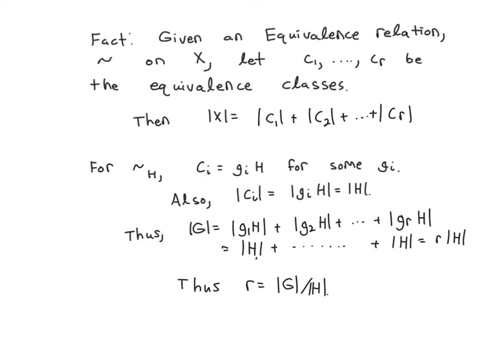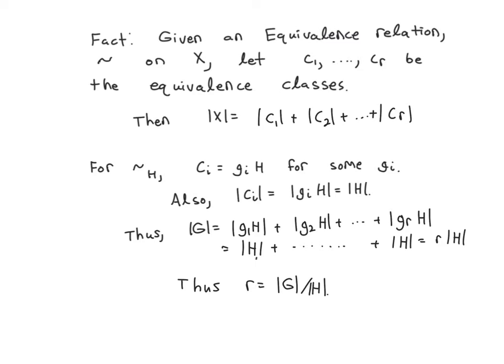So why does any of that matter? Well, here's a fact we might remember about equivalence relations. Given an equivalence relation on any set X, if you let C1 through Cr be the equivalence classes, then the size of X is the sum of the sizes of the equivalence classes. That's true in generality.